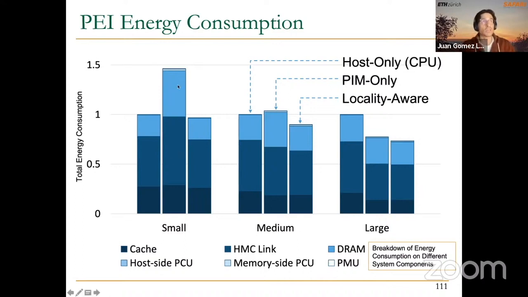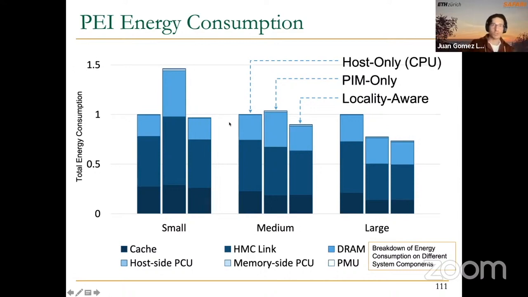And that's why it's important as well to have this locality aware execution that can lower this large execution time of the PIM-only case for small data sets, and can reduce energy consumption significantly. And if the locality monitor is well tuned and works properly, then you can get the best of both worlds, right?